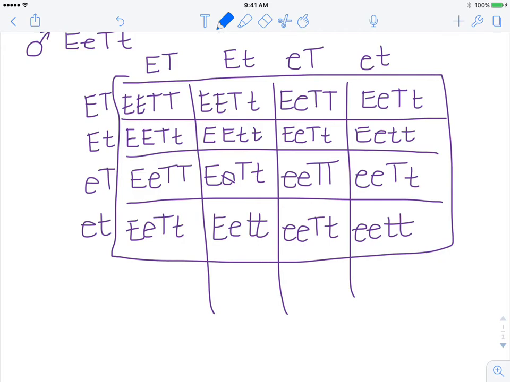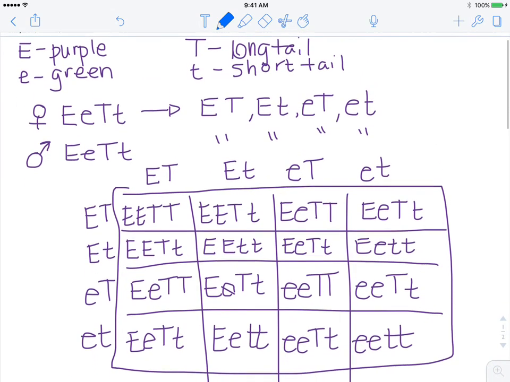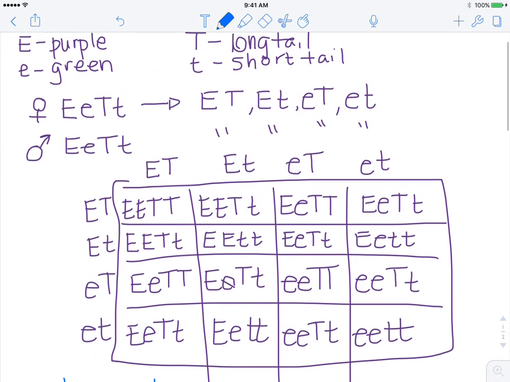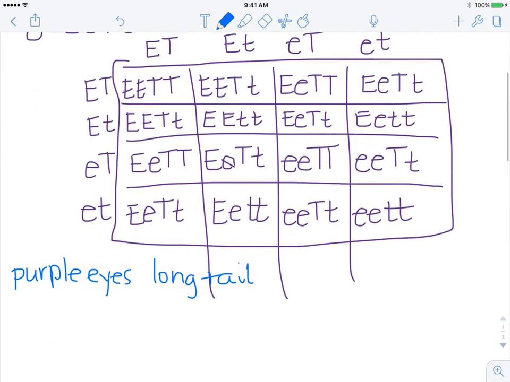All right, so let's take a look at purple eyes, long tail. Remember, if we scroll back up here, we can see that purple eyes is dominant. So if we have a capital E, they'll have purple eyes, and a long tail is also dominant. So capital T, it will be a long tail.